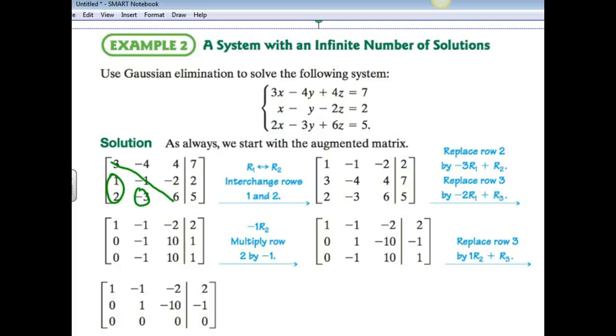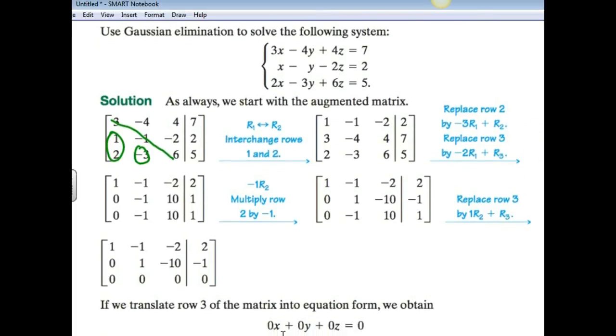As always, you're going to use the augmented matrix to turn the 3 equations into an augmented matrix, and then do whatever you need to do: interchange the rows, multiply the rows, and add them together, so that you can get 1s down what's called the main diagonal, and then you want 0s underneath.